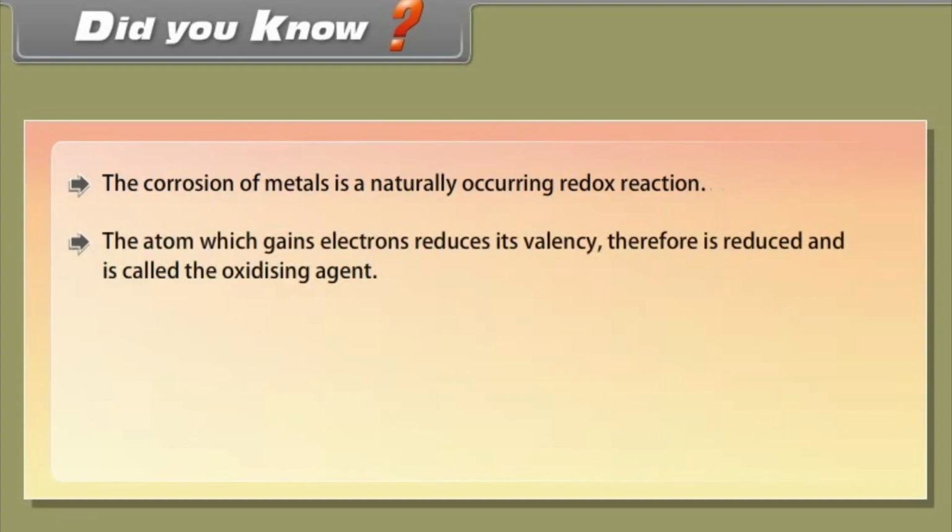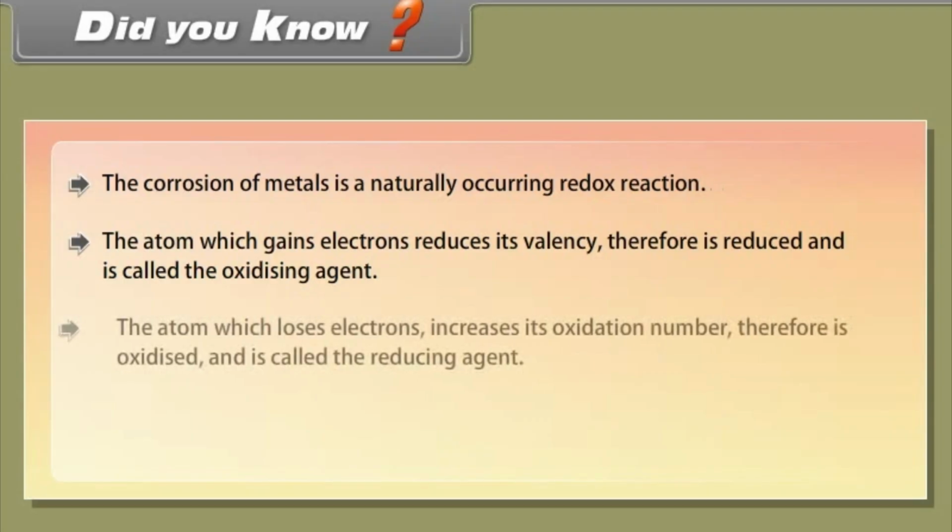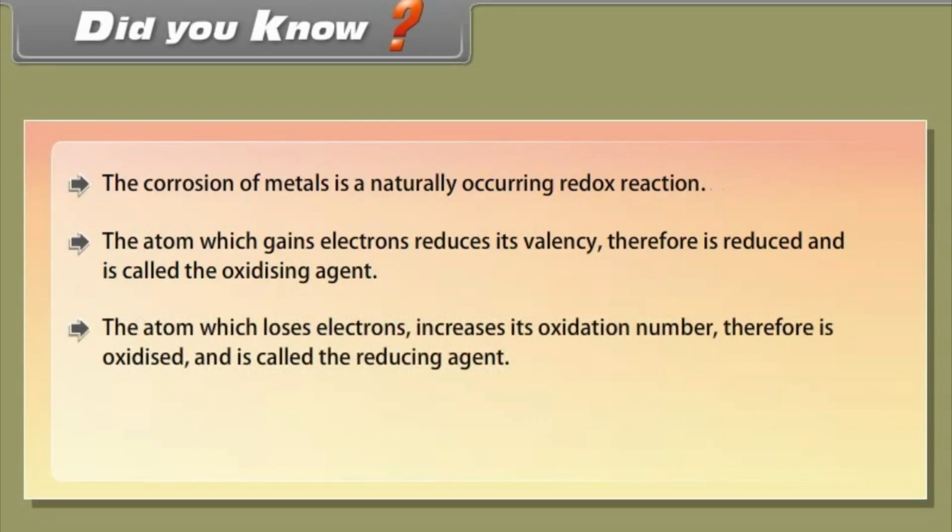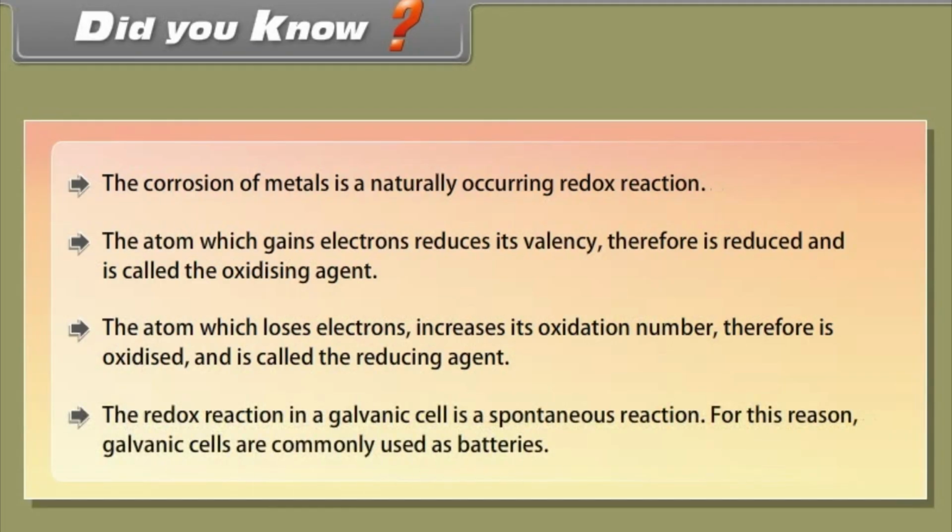The atom which gains electrons reduces its valency, therefore is reduced and is called the oxidizing agent. The atom which loses electrons increases its oxidation number, therefore is oxidized and is called the reducing agent. The redox reaction in a galvanic cell is a spontaneous reaction. For this reason, galvanic cells are commonly used as batteries.